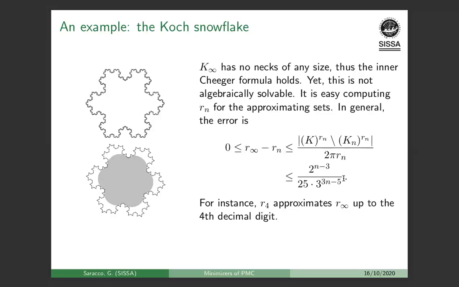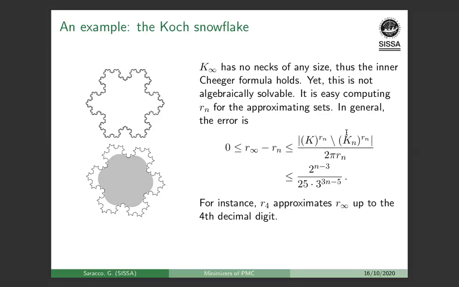So the trick ends up being able to compute the constant for the approximating sets and being able to estimate the volume of this set difference, the mass of this set. So in this fractal example, you can estimate the Cheeger constant of the limit set via the Cheeger constant of the approximation. That is easier. Exactly.